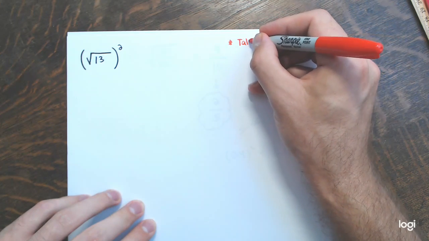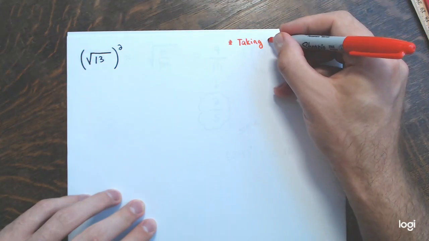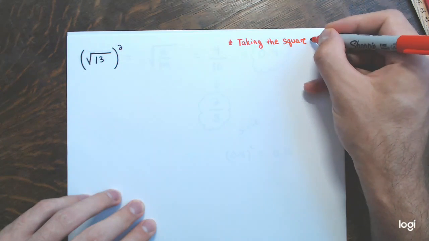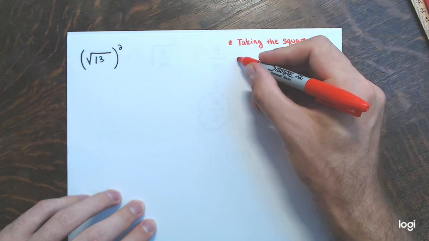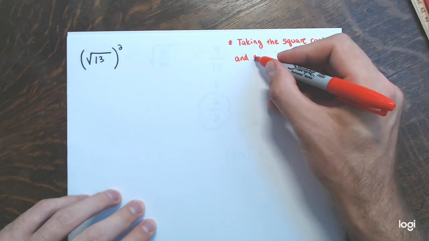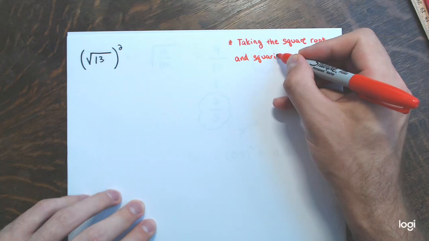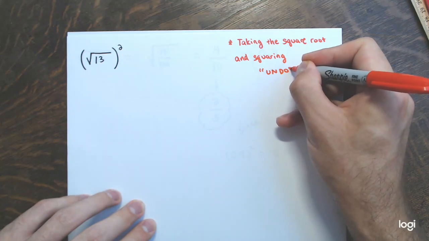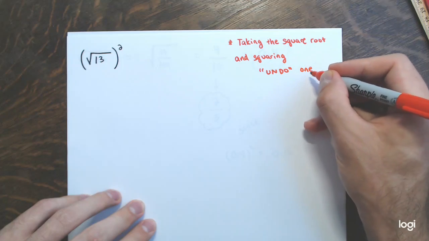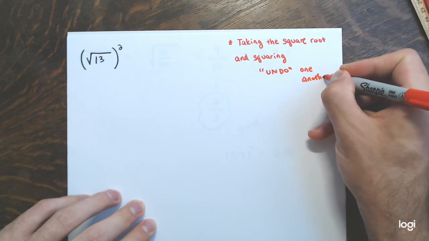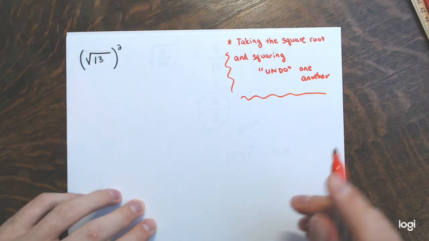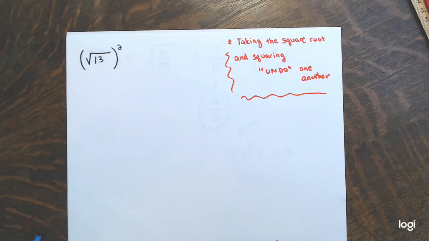Taking the square root and squaring undo each other, or are inverse operations.